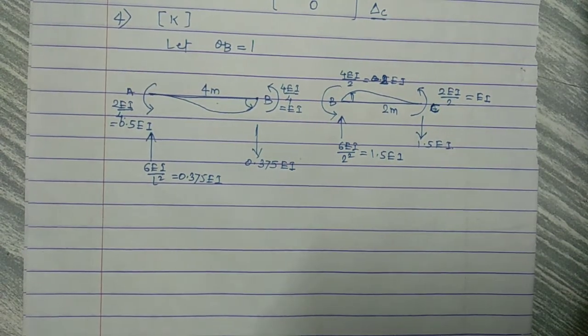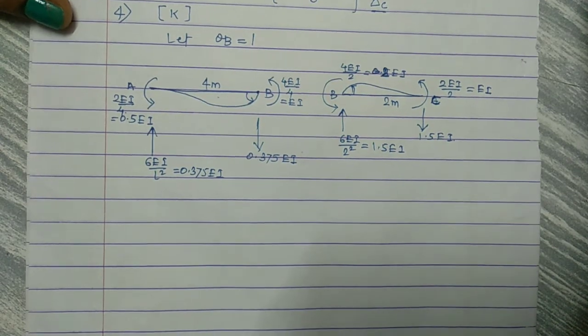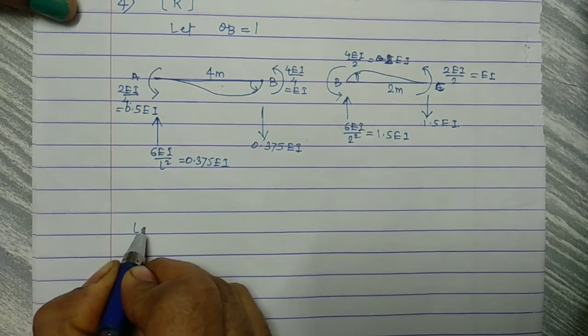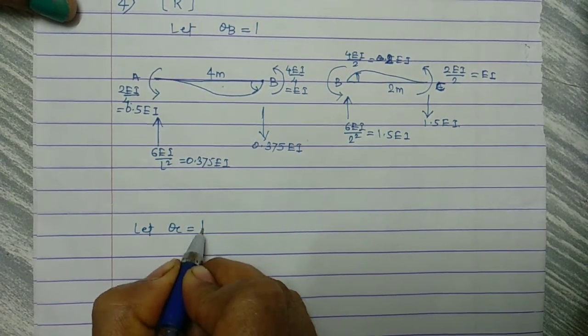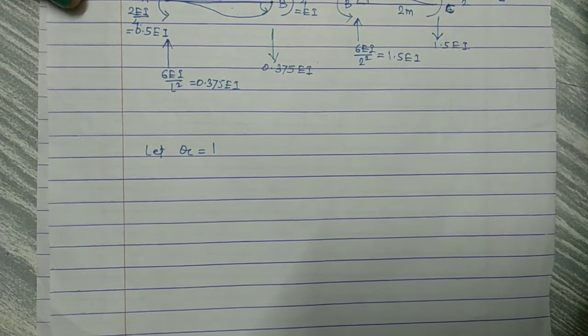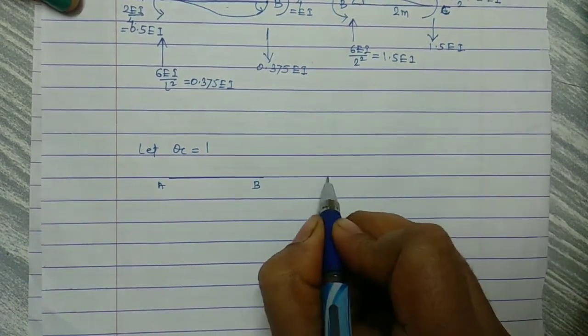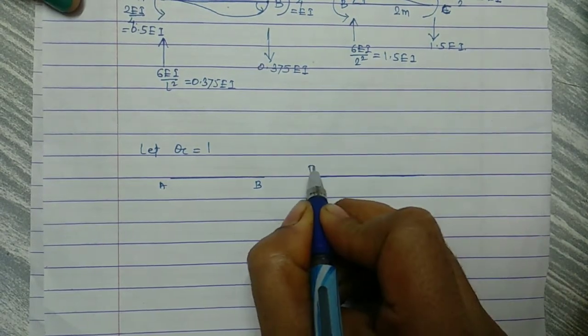Now the second figure. Let's take the second degree of freedom, theta C equal to 1. So when theta C is equal to 1, member AB will be just a straight line, and member BC.